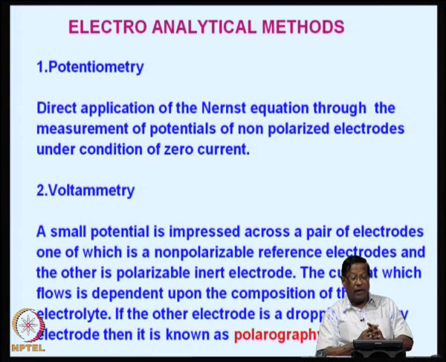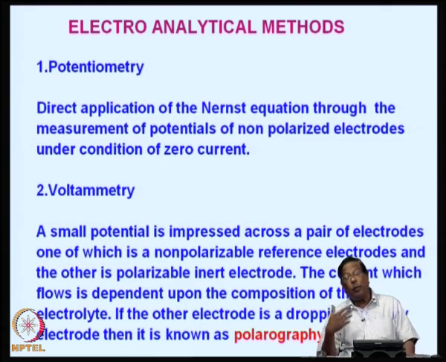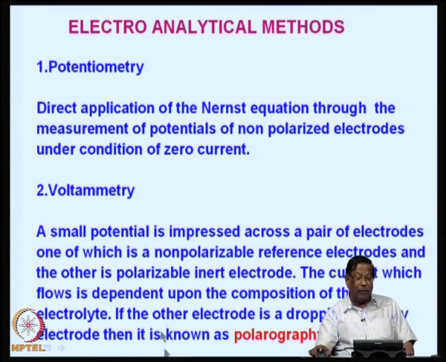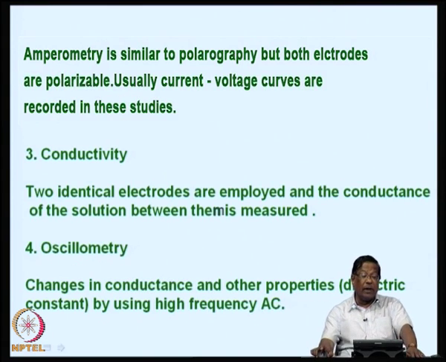So, if the other electrode is a dropping mercury electrode, then it is known as polarography. So, polarography is another technique in which the voltage or current is measured, in which one electrode is non-polarizable and another electrode is polarizable.